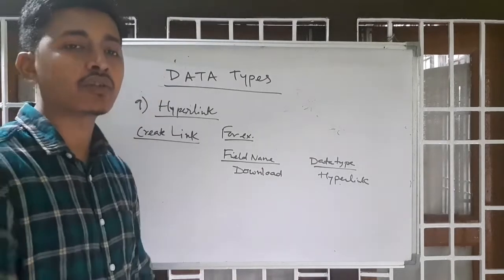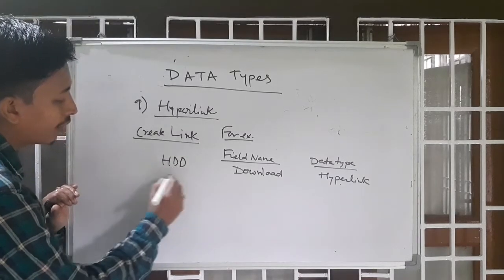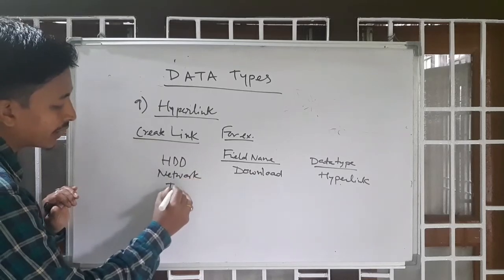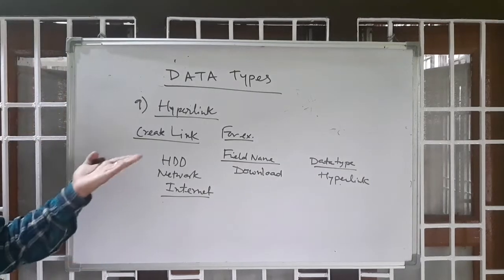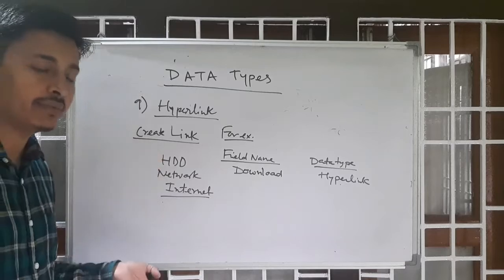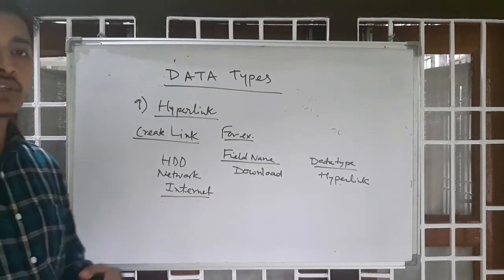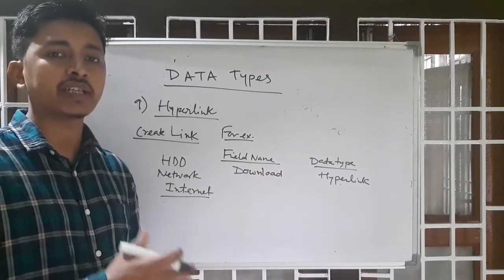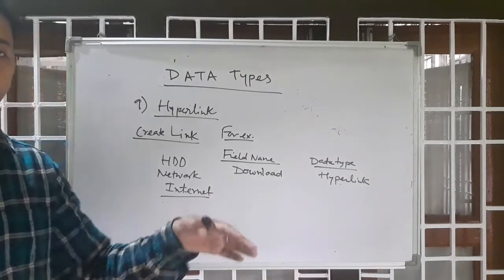It is easily downloaded from your computer, from your hard drive, from any network, or from the internet. You can also connect with your local hard drive or any network. For example, if you are working in a company, in your office area, it is not the internet, it is called intranet, meaning a local network in the office area.